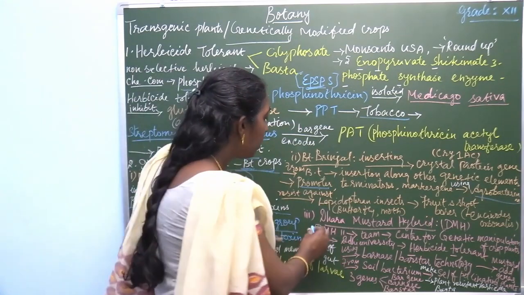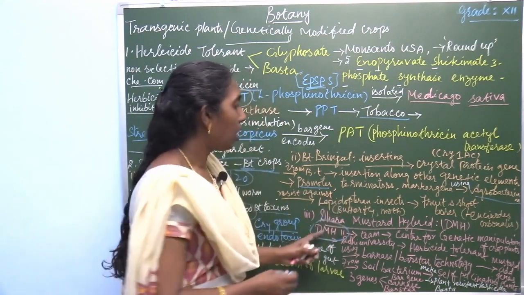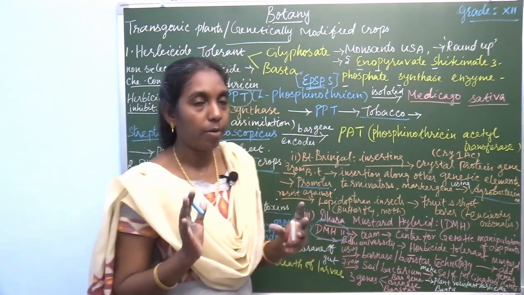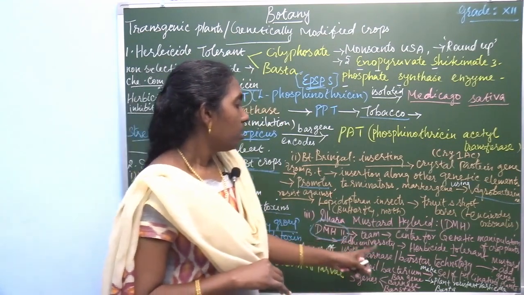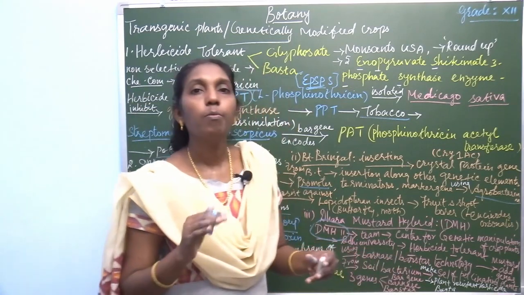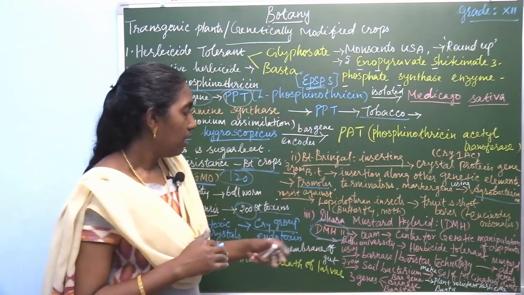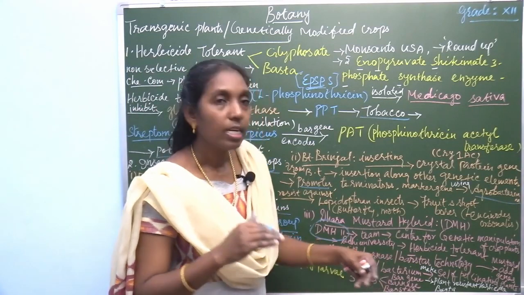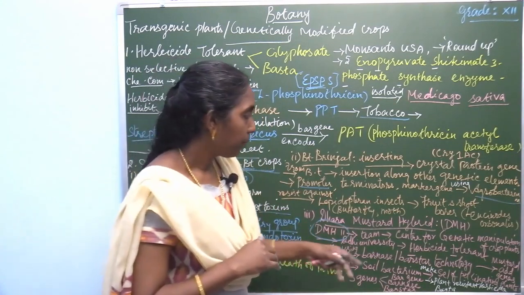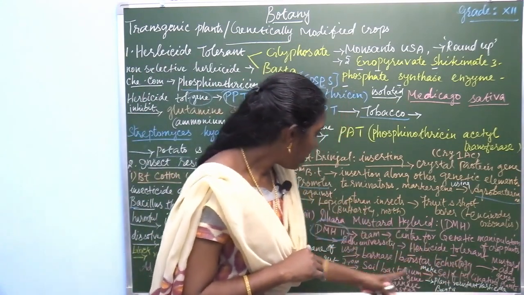They produced this DMH, Dhara Mustard Hybrid plant. This is a herbicide tolerant variety.